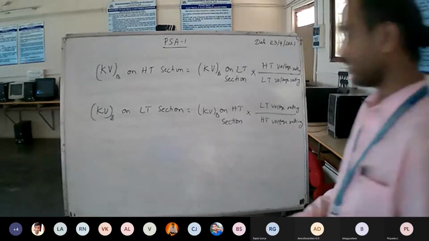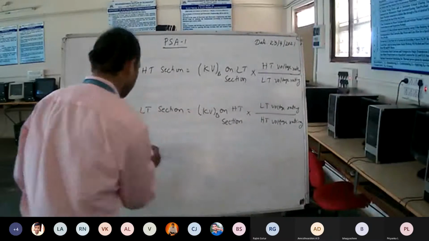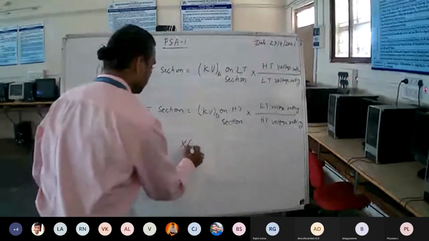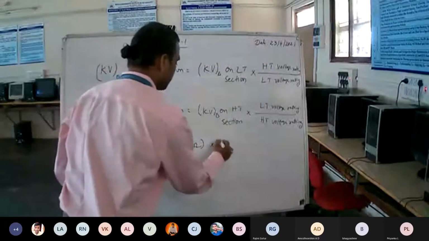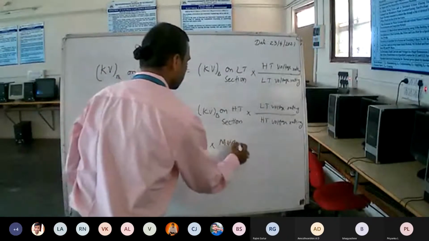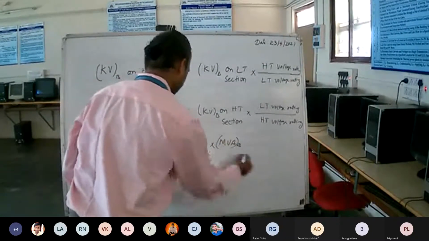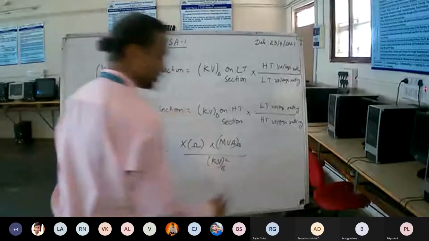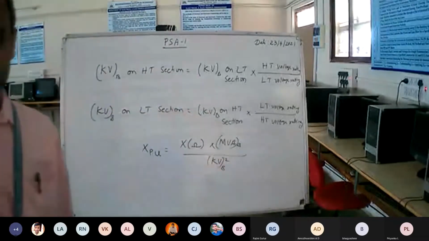And similarly, X per unit of transmission line can be calculated by X in ohm into MVA base divided by kV square. You know this one, right? We have already done some problems on this.